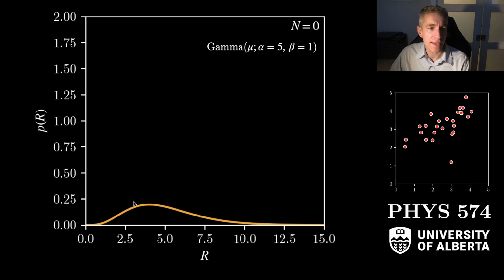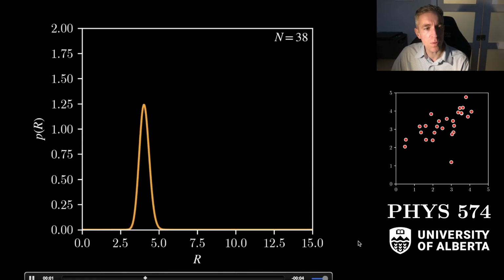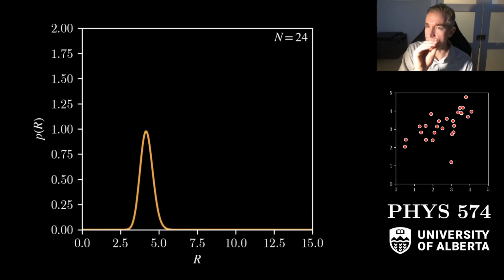And then as I incorporate more data into this, if I add a single datum at some bin count, I don't know where it is, it starts to form up. And then as I add progressively more and more data, the posterior distribution sharpens up further and further.